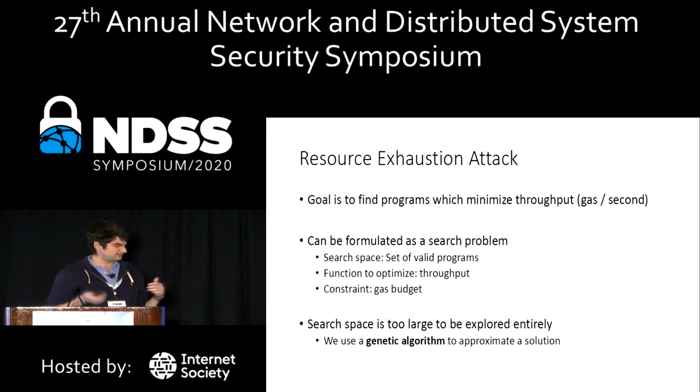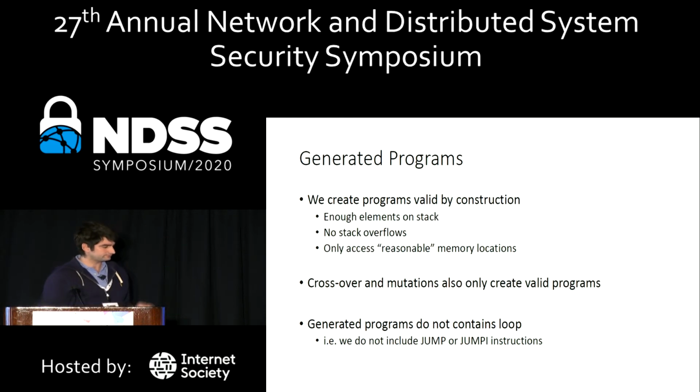Then there is a function to optimize, which is our throughput, and we want to minimize this. And finally, we have a gas budget, which is a fairly simple constraint to fulfill. As our search space, the set of valid programs, is way too big to be explored fully, we designed a genetic algorithm to find these very slow contracts and solve this search problem.